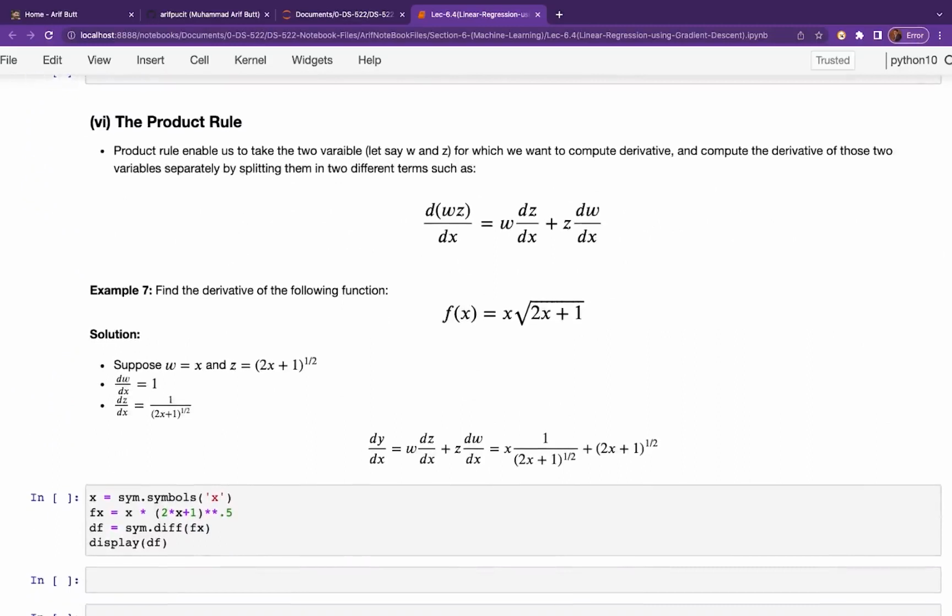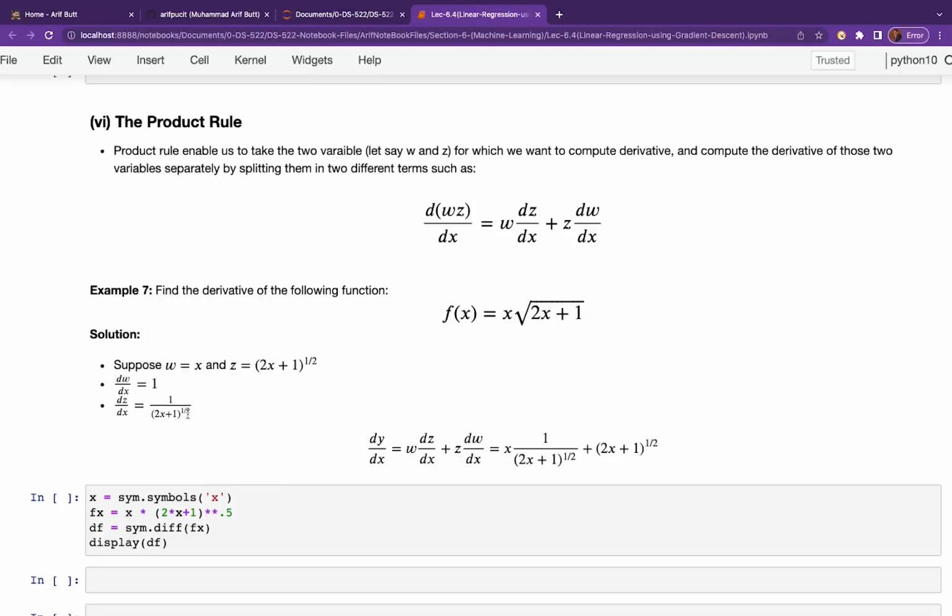Well, the product rule of differentiation is different from the sum rule. Let me describe it with the help of this example function, x times the square root of 2x plus 1. Well, there are two terms. You multiply the first term as such with the differentiated second term, plus you multiply the second term as such with the differentiated first term.